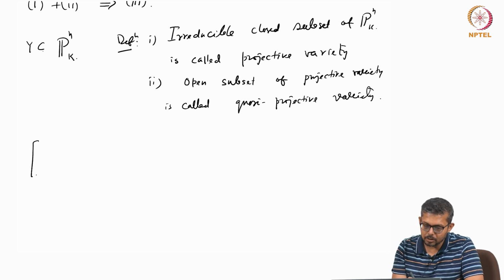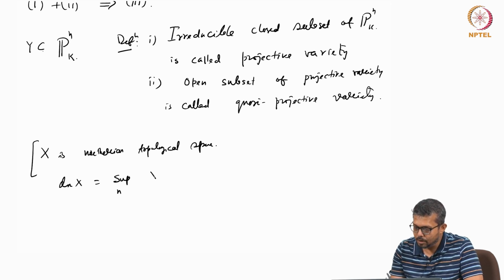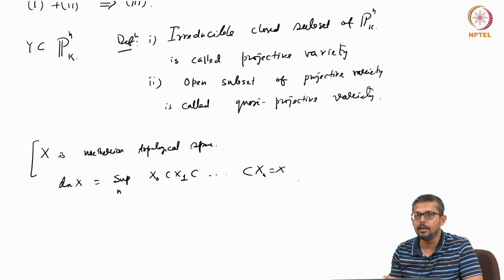So dimension: if X is a topological space, Noetherian say, then you define the dimension of X as the supremum of n such that there is a chain X0, X1, ..., Xn equal to X. Any chain will stop because it's a Noetherian topological space.